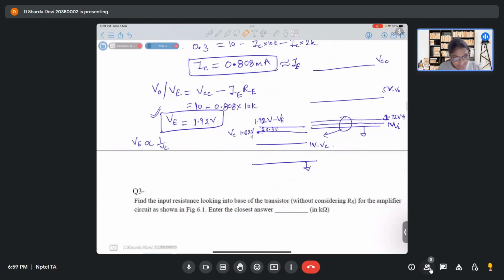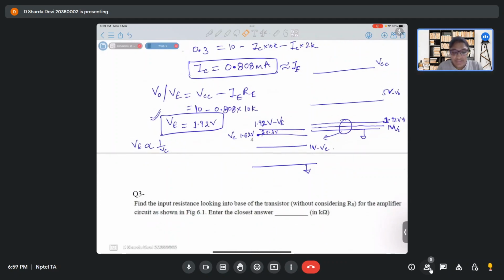What I am saying is, we know that VE is inversely proportional to VC. We have seen earlier, qualitatively. So that means when VE is at its minimum of 1.92 volts, your VC will be at its maximum, right?